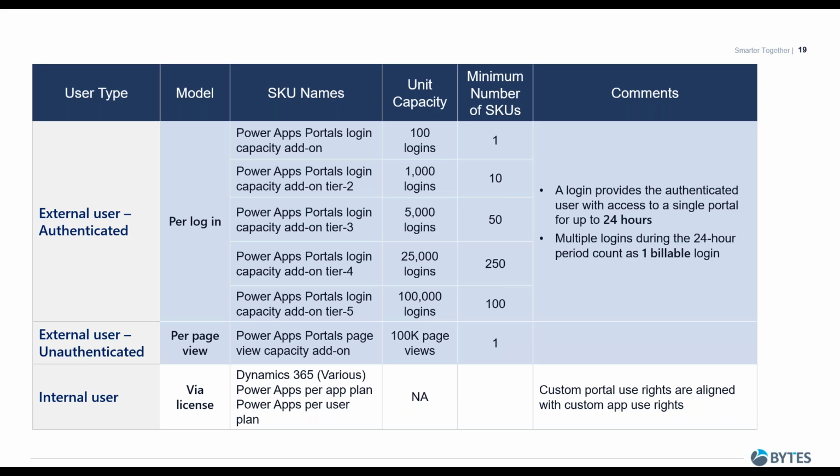There are additional tiers, as you can see here. The more logins you need, the cheaper the license becomes. So what we tend to look at is how many logins are required and then finding the best, cheapest way to do that. And then for internal users, we'd license that either via Dynamics 365 Enterprise licenses or via Power Apps licenses.